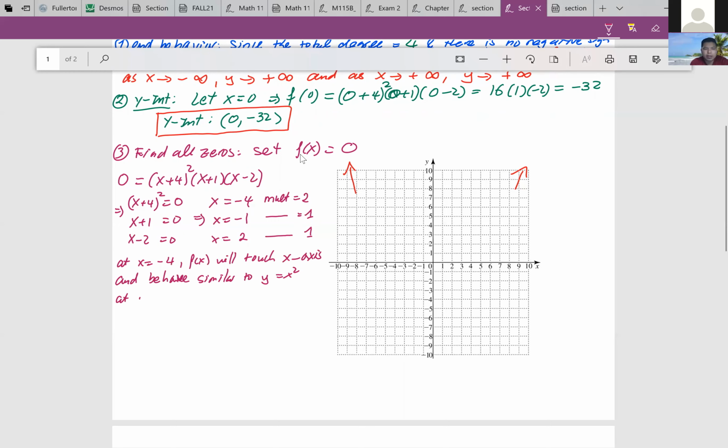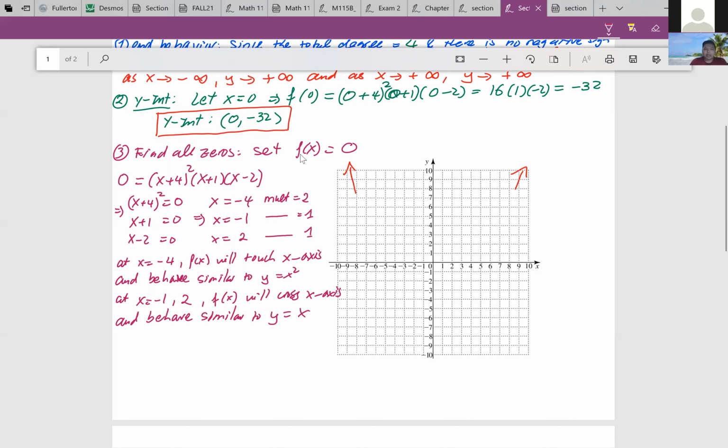Then at x equal to negative 1 and positive 2, f of x will cross the x-axis and behave similar to y equal to x, which is a straight line at that point.